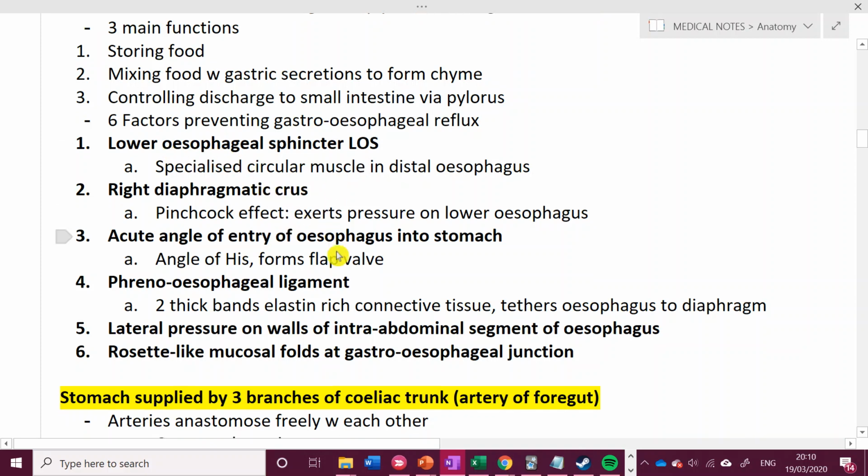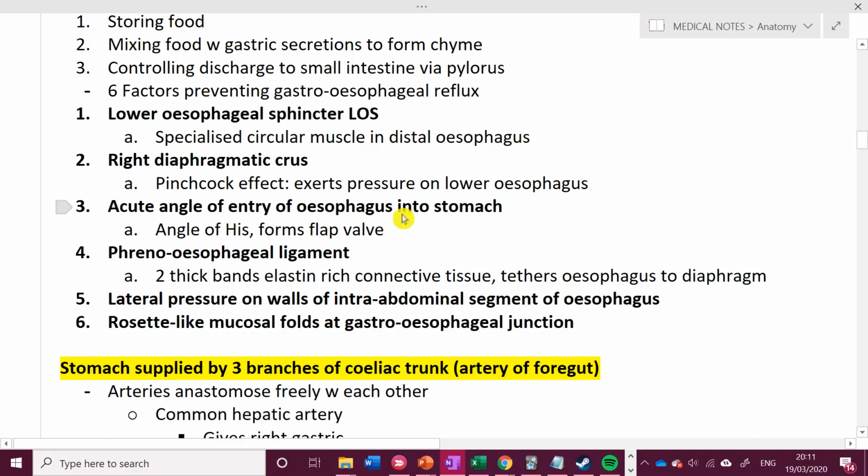The acute angle of entry of the esophagus into the stomach forms a flap valve, just like any other valve in a vein, which stops the reflux happening. And the phrenoesophageal ligament contains 2 thick bands of elastin-rich connective tissue that connects the esophagus to the diaphragm.